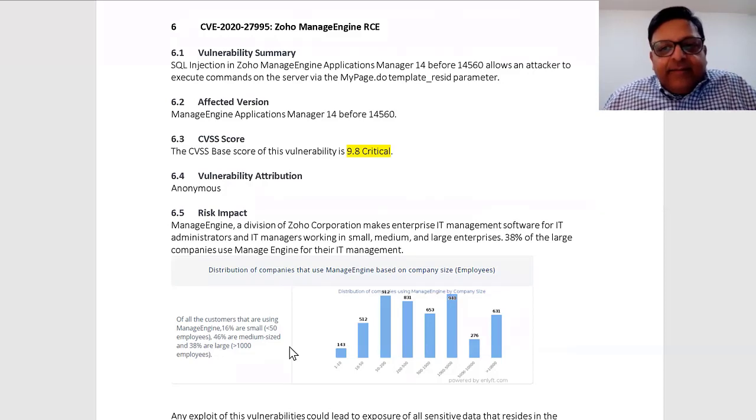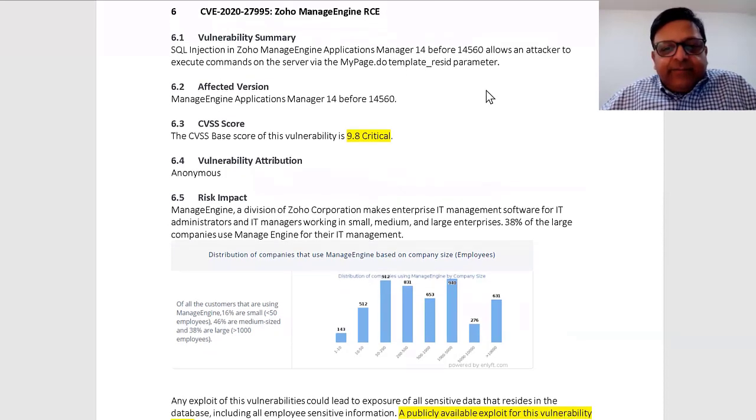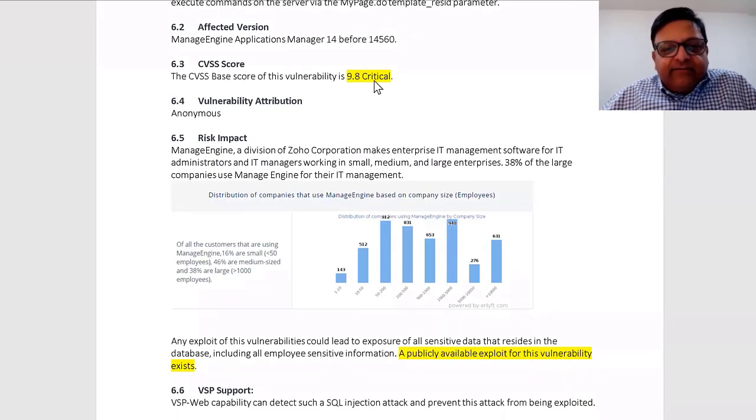So we can use this vulnerability to run arbitrary code on all infrastructure that's connected to this Manage Engine product. And of course, as you can see here, this particular vulnerability has a very high critical score. And a public domain exploit exists for it. So it's a no-brainer. Even script kiddies can potentially use this capability.